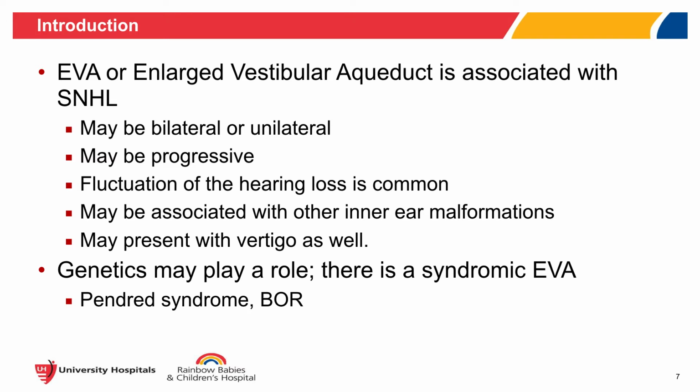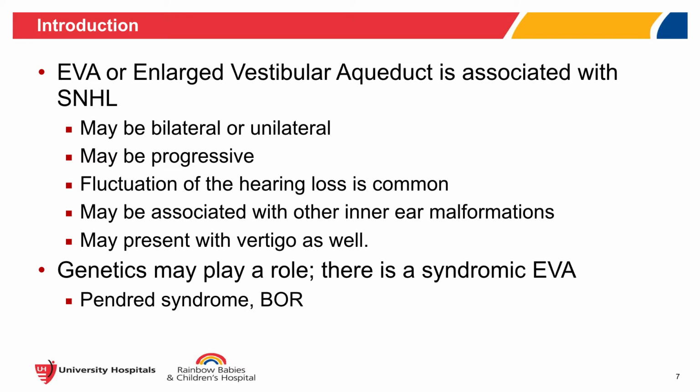It's thought that this could be a third window phenomenon. It may be bilateral or unilateral. It may be progressive. Fluctuation of hearing loss is common, and it can be a sign of progression, but also can occur in patients who have stable hearing and may be associated with other ear malformations, as we mentioned.